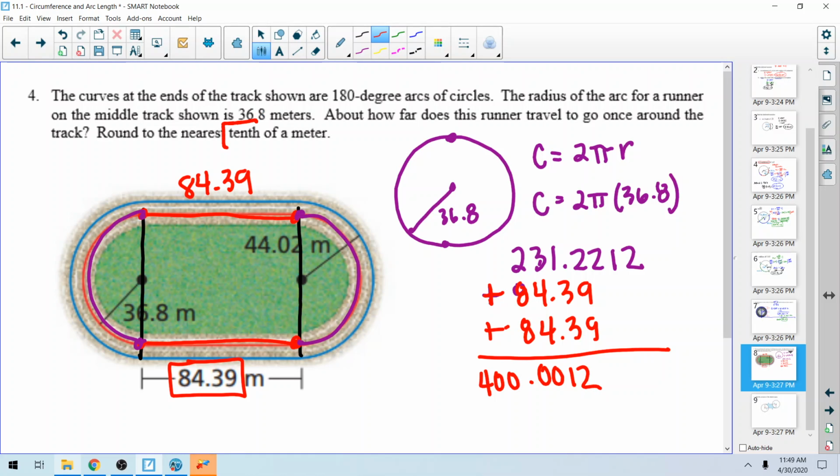It says to the nearest tenth of a meter. Well, tenths is right here. There's nothing behind it, so really it's just 400.0, or you could just say 400 meters to get the whole way around the track.